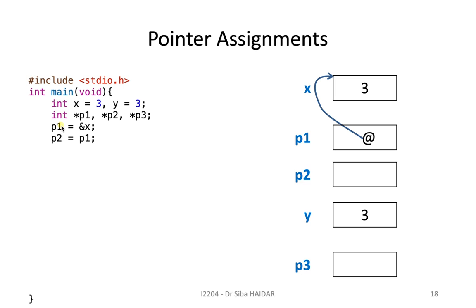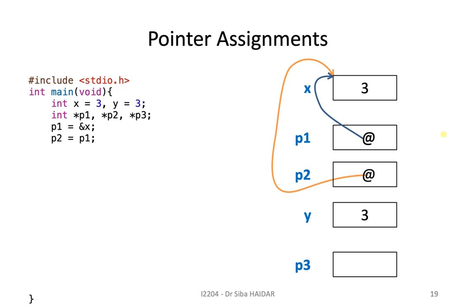Now I am saying the variable P2 receives the value of P1. How do I draw this? The value that is in P1 is copied into P2. So P2 also points to the same thing as P1. They have the same value inside them. So P2 points to X now.